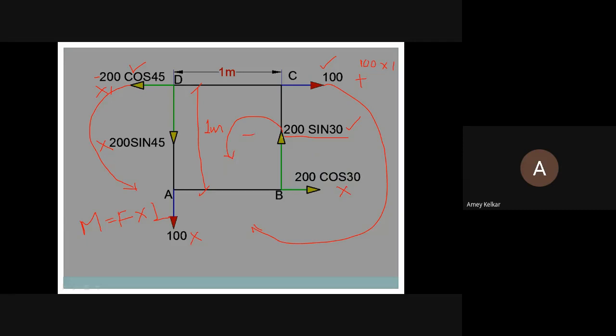This is a vertical force, and the horizontal distance is 1 meter. So this is 200 sin 30 into 1. So minus 200 sin 30 into 1, minus 200 cos 45 into 1, plus 100 into 1 will give you the moment, which we get as 141, which is written here. Then you find the x-intercept and y-intercept.